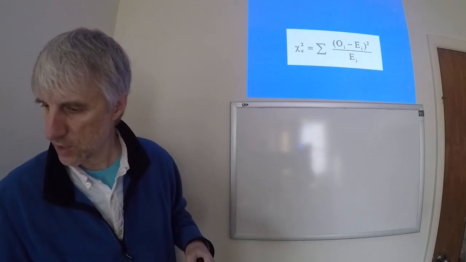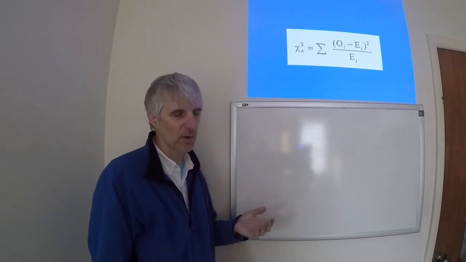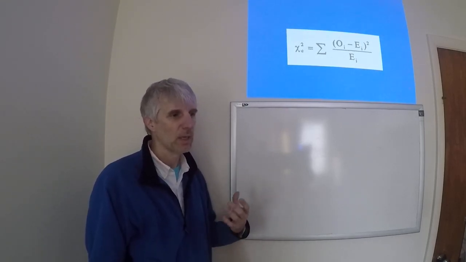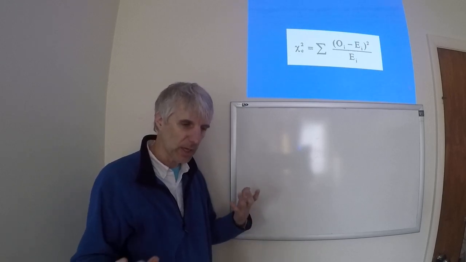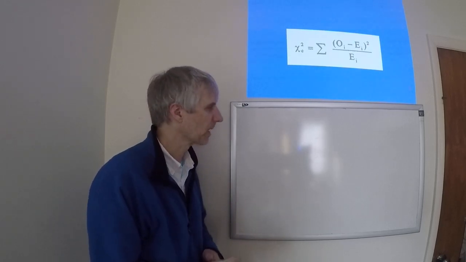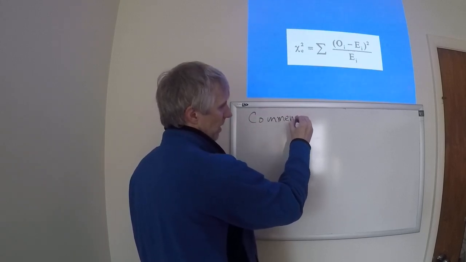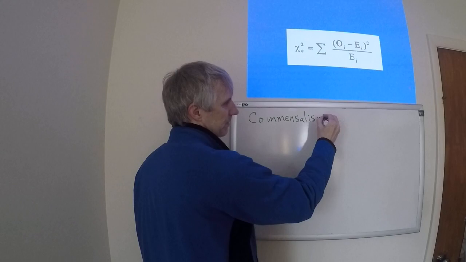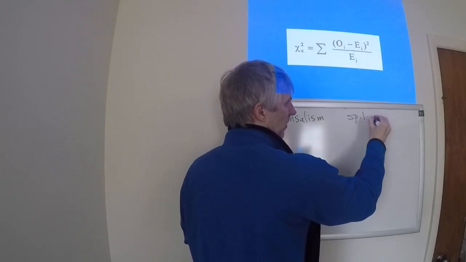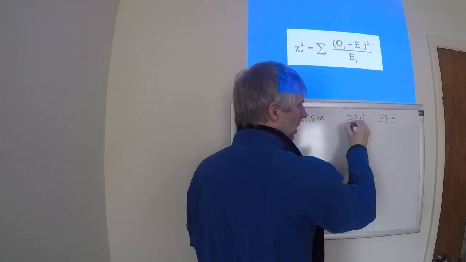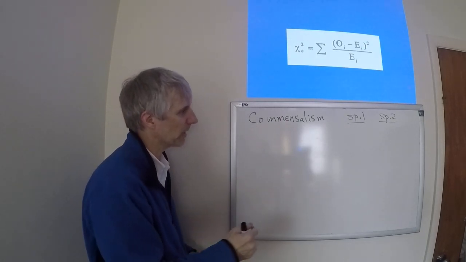I'm not spending as much time on these species interactions other than competition because in EBE you got a pretty hefty dose of them. But I do want to mention something about commensalism because we don't talk about that one at all in EBE, really.